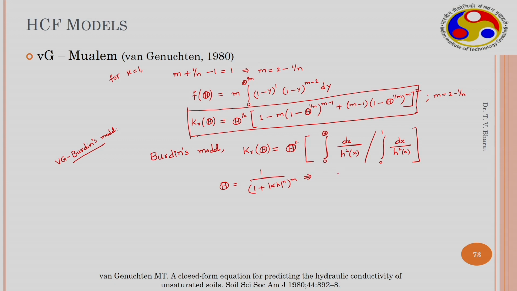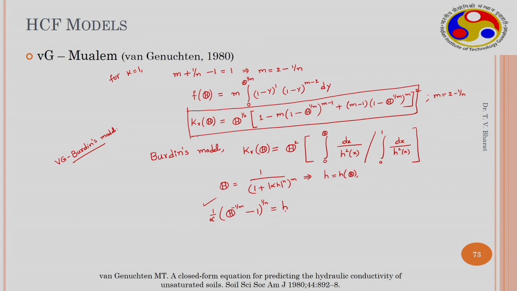When you invert this expression to write h as a function of theta, this gives theta power minus 1 by m, when you take the m to the other side, equals 1 plus alpha h power n. Therefore, you can bring the 1 to the other side, so this becomes minus 1. Then, if you take n to the other side, power 1 by n, and divide by alpha, that is h.